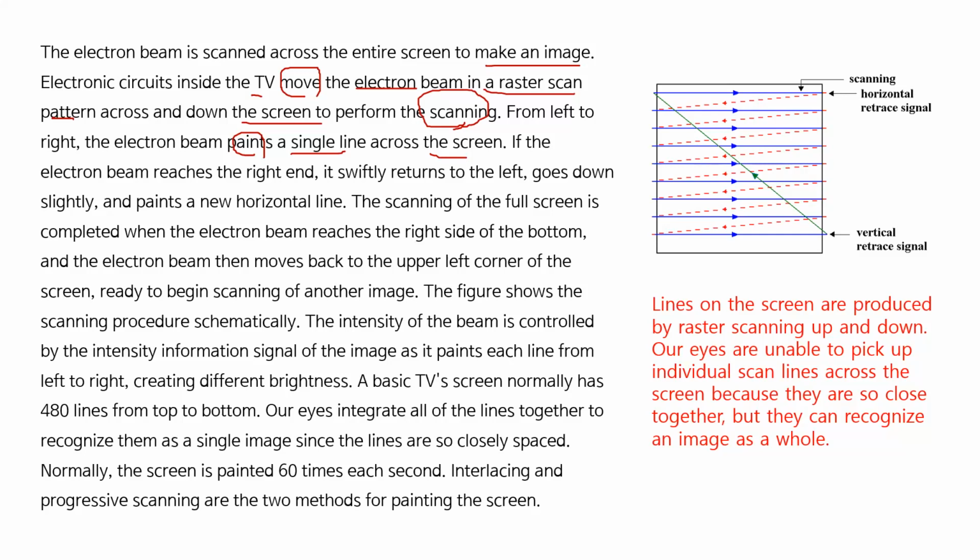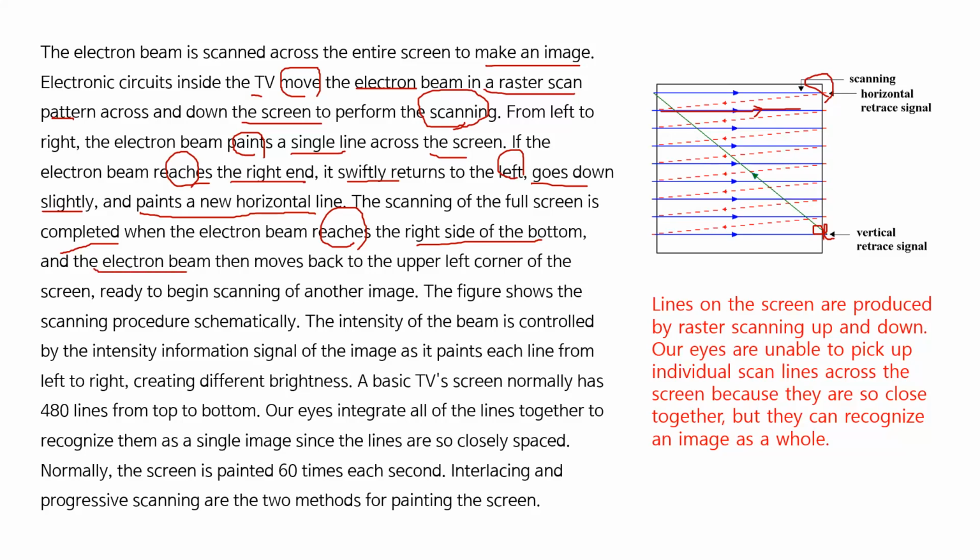If the electron beam reaches the right end, it swiftly returns to the left, goes down slightly, and paints the new horizontal line. The scanning of the full screen is completed when the electron beam reaches right side of the bottom here.